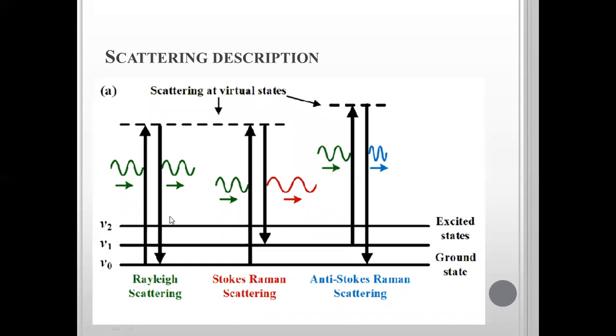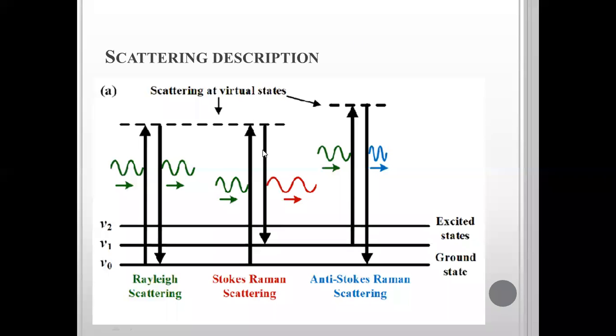Then we see the second case, which is Stokes Raman scattering. What happens here? In this case, the molecule that is originally in the ground state, that we call the V0 state, absorbs incident radiation and goes to the virtual state. Now it is an unstable state.